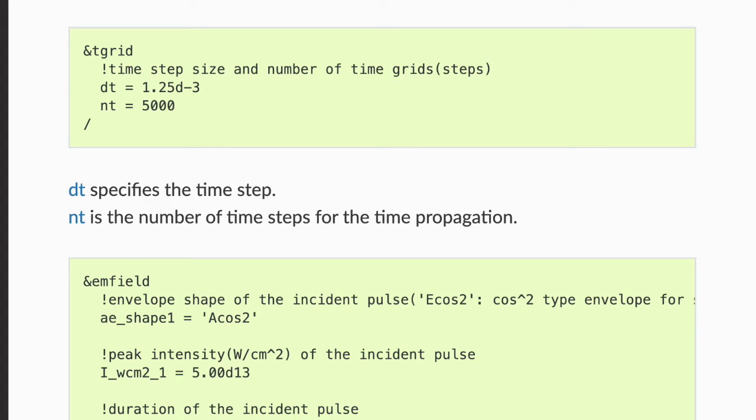The unit here is femtosecond, fs, which is equal to 1.25 as, attoseconds. Nt is the number of time steps of the time evolution calculation, which is 5,000 times here. That is, the time evolution calculation is performed for 6.25 fs.